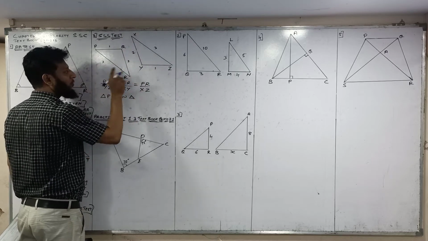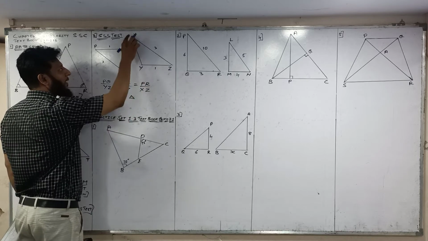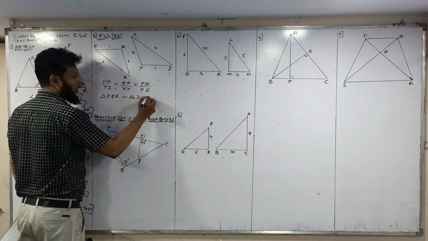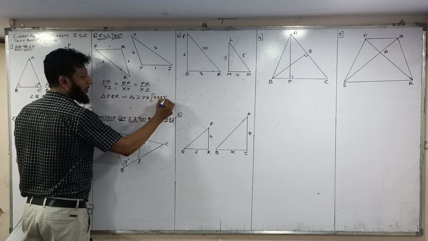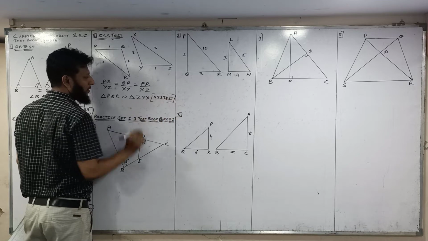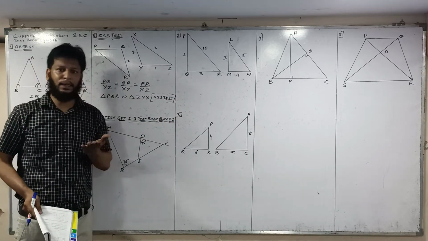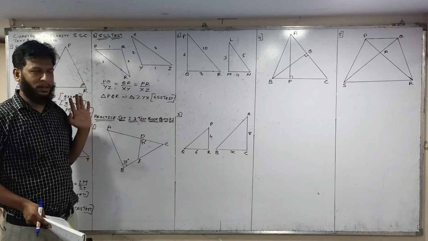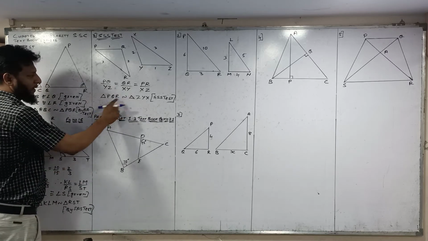You have to write the name in proper correspondence. ZYX. And all three sides are proportional, therefore the triangles are similar by SSS test. So remember, while writing the name you should write it in proper correspondence. You cannot write any name of the triangle while writing the similarity.